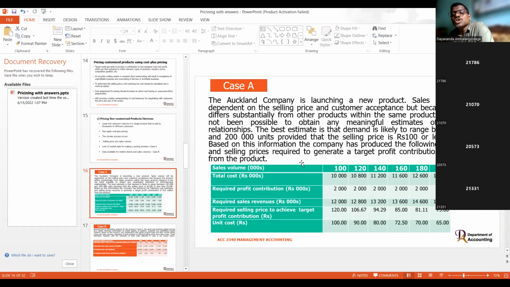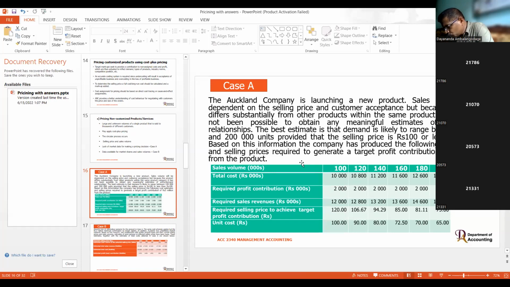Auckland company is launching a new product. Sales volume will depend on the selling price and customer acceptance, but because the product differs substantially from other products in the same product category, it has not been possible to obtain any meaningful estimates of the price-demand relationship.